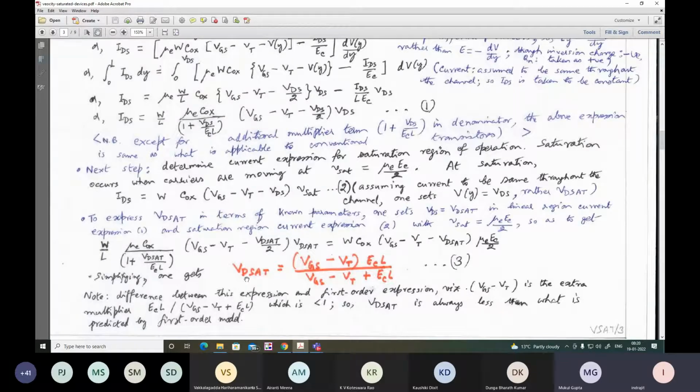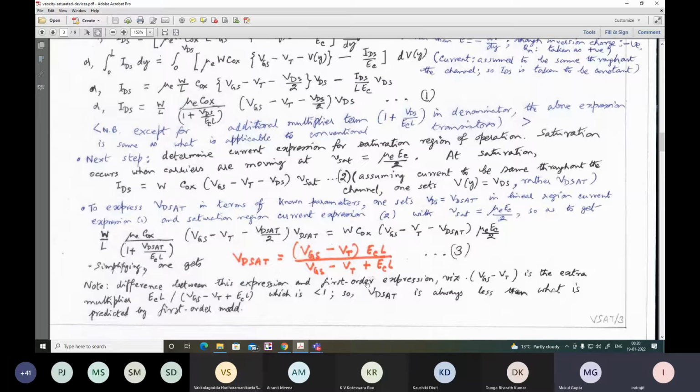In the case of the conventional long channel device, as you incrementally increase the drain to source voltage, the moment VDS equals VGS minus VT, saturation is found to occur. But here it takes place somewhat earlier because of the presence of this term, ECL divided by VGS minus VT plus ECL, which is less than 1, obviously.